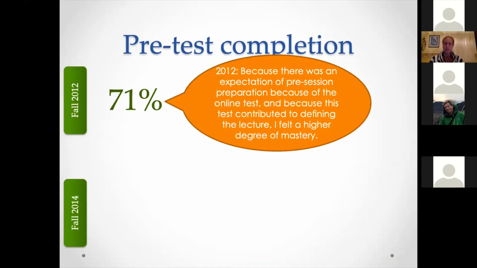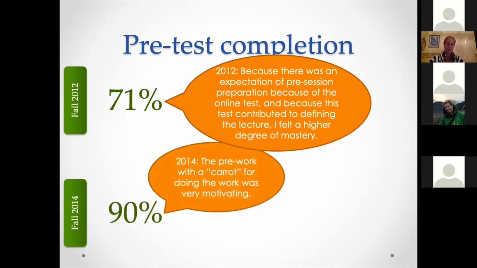But one student says, because there was an expectation of pre-session preparation because of the online test, and because this test contributed to defining the lecture, I felt a higher degree of mastery. So students appreciated having that input in what happened in class. After introducing the carrot, pretest completion rose to 90%. And students did indeed say that that was very motivating with the carrot.